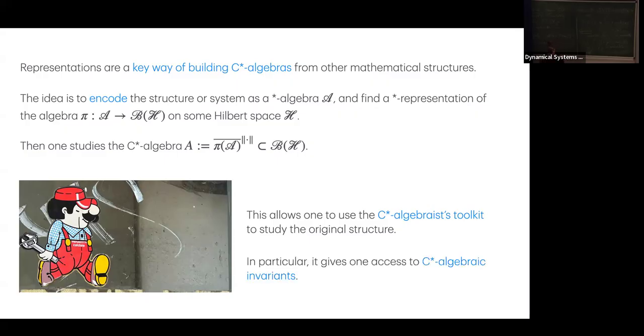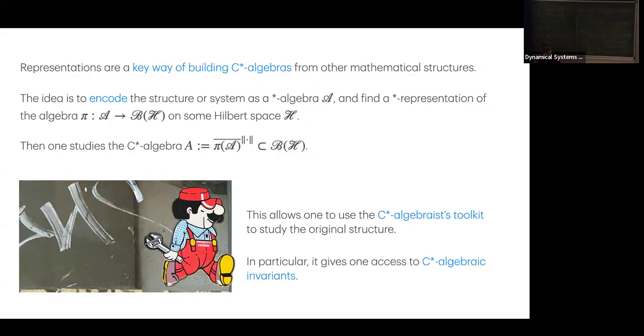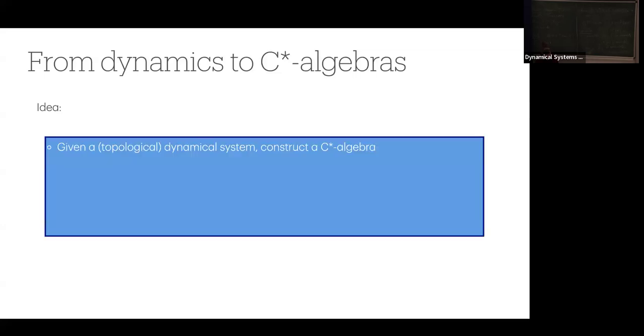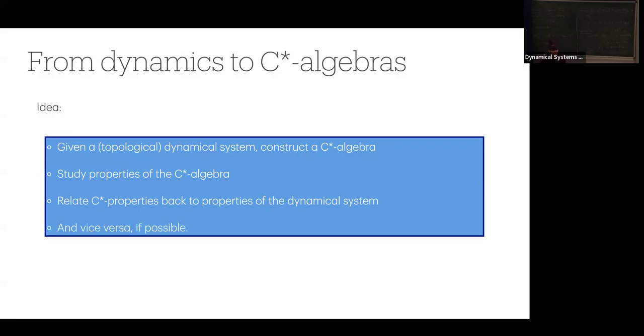And in particular, it gives us access to C-star algebraic invariants. So the idea is we get a topological dynamical system, we want to construct a C-star algebra, we want to study properties of the C-star algebra, and whenever possible, we want to relate those properties back to the dynamical system, and vice versa, if possible.